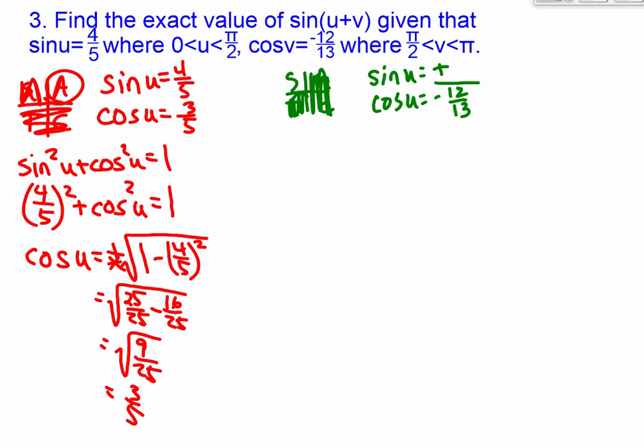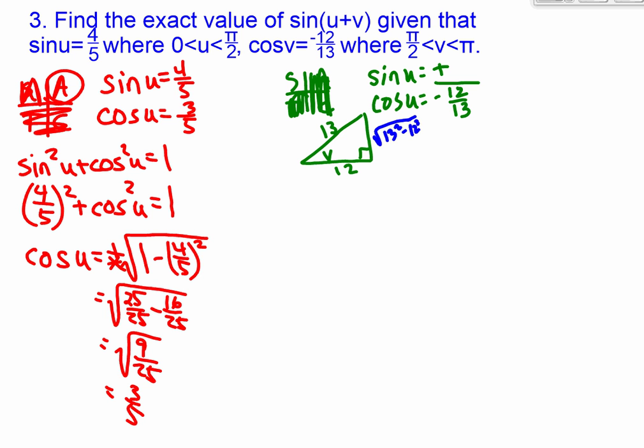We'll see how it goes. And so then I can just make a little right triangle if I want, and I'll say v is right there, and cosine is the what side over the what side? Adjacent over hypotenuse. So the adjacent side is 12, the hypotenuse is 13. I don't care about the plus or minus part because I've already figured that out. And then I can get that missing side, which is the square root of 13 squared minus 12 squared.